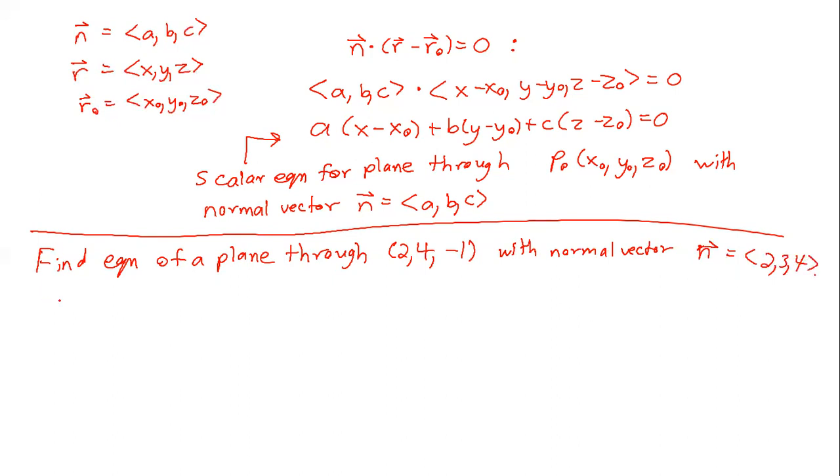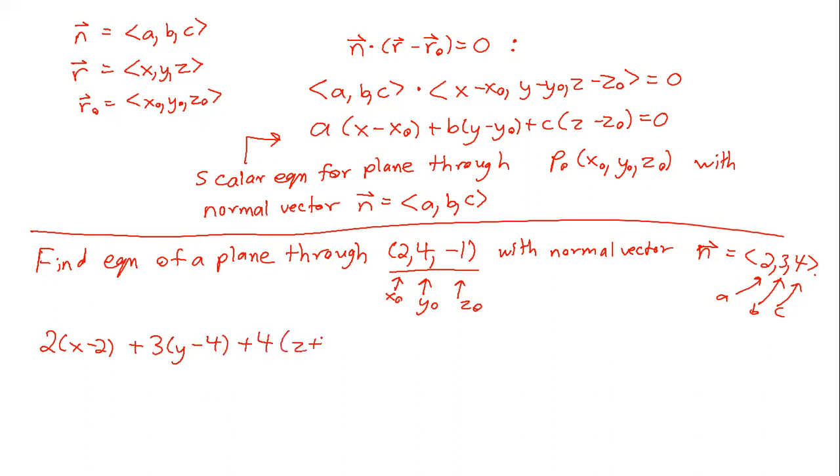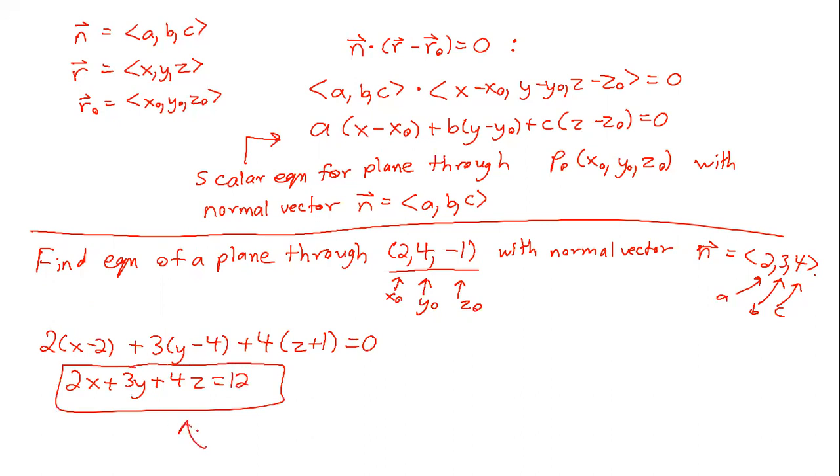So I could say these are the X0, Y0, and Z0 in the above equation, and this is going to be the ABC in the above equation. And you can do some direct substitution here, and it will give you 2 times X minus 2 plus 3 times Y minus 4 plus 4 times Z plus 1 is equal to 0. Or what you would get is 2X plus 3Y plus 4Z is equal to 12. And so we can see that this is an equation of a plane.